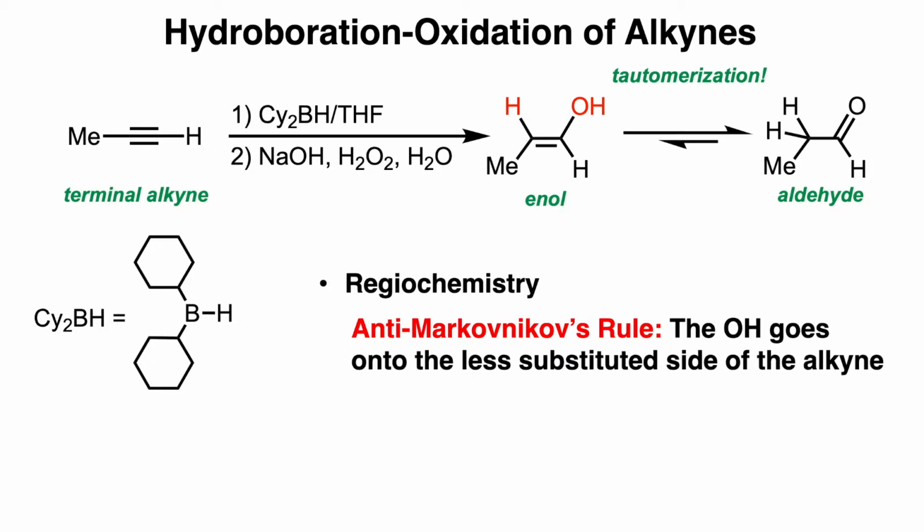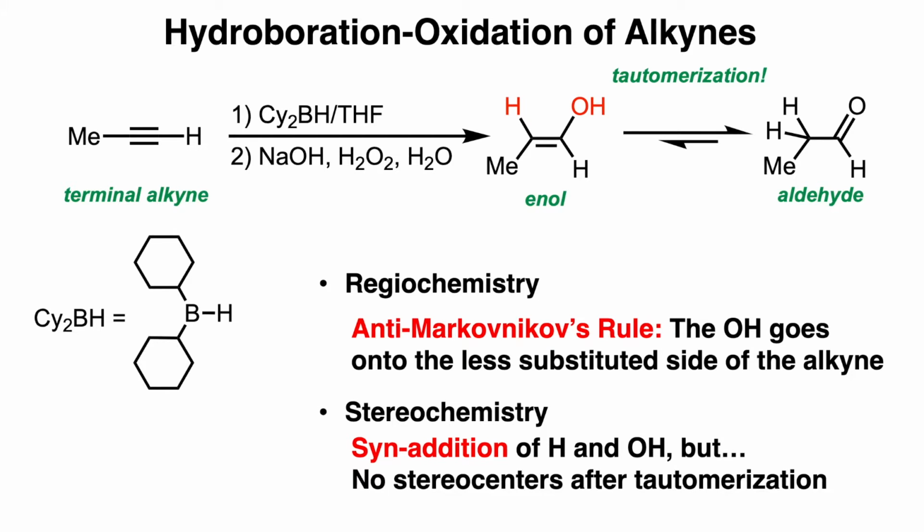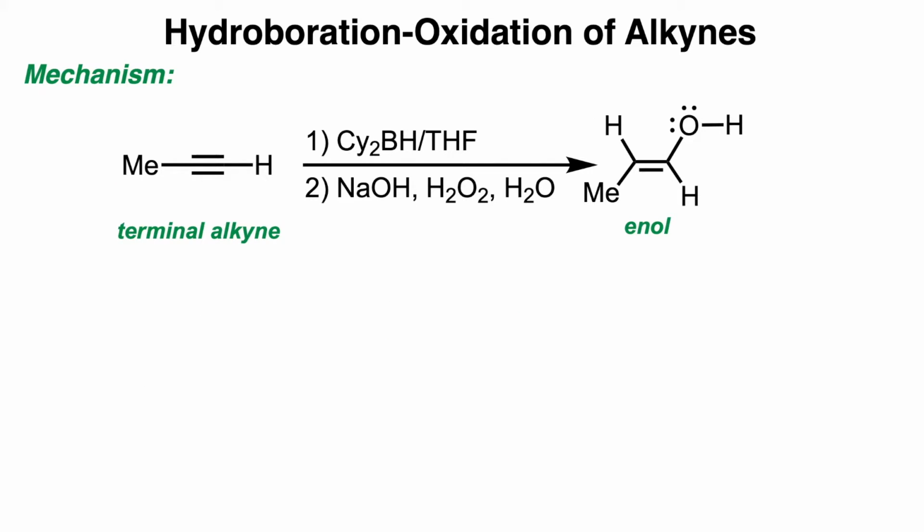Also, this reaction occurs via syn addition, where the H and OH groups add to the same side of the alkene pi bond, where both groups are pointing in the same direction as shown in red in the enol. However, since enols are unstable, the enol will tautomerize to an aldehyde, which will be described in the following mechanism.